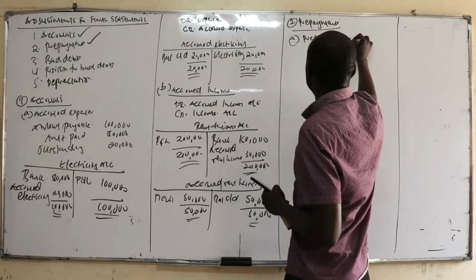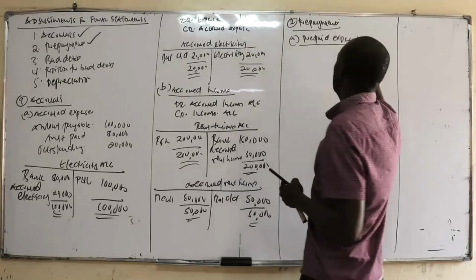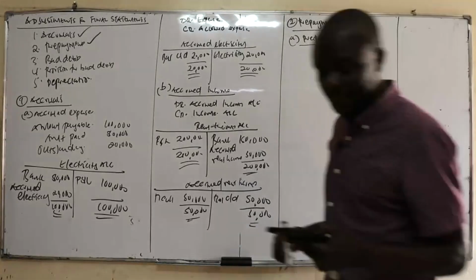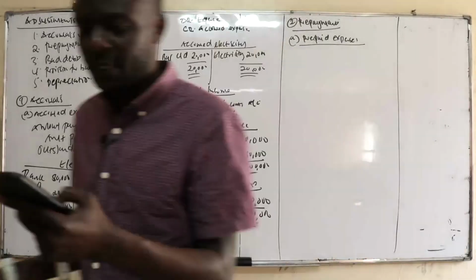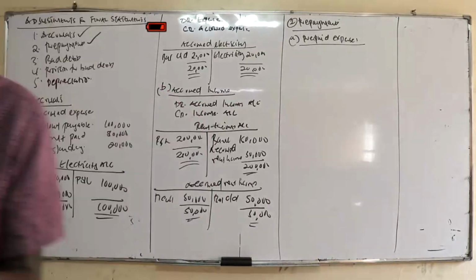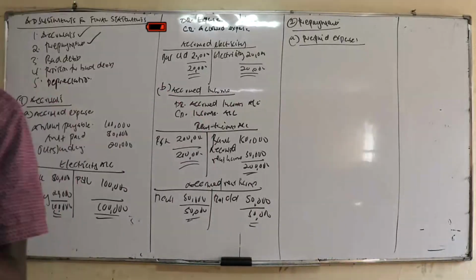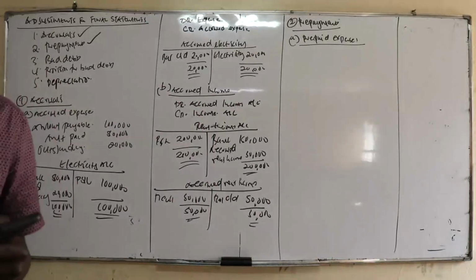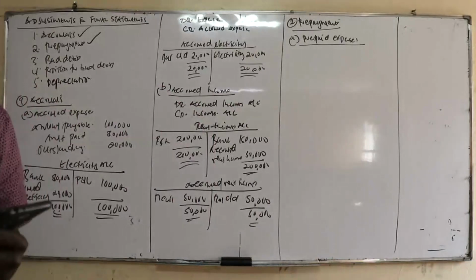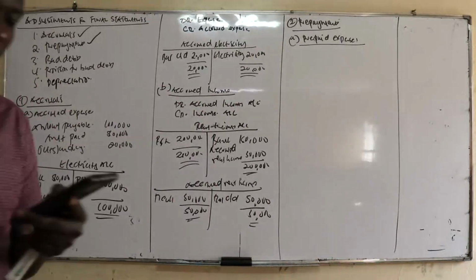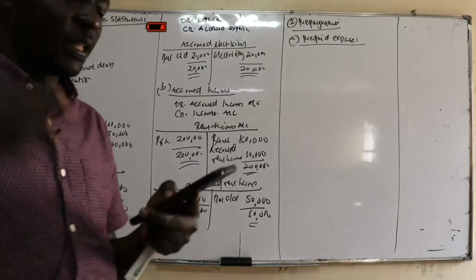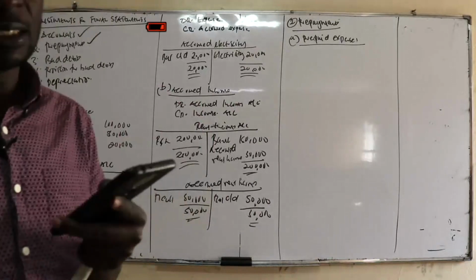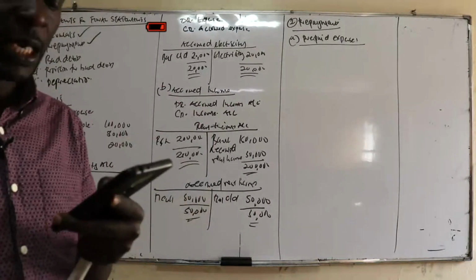A prepaid expense is an expense not yet payable, but cash has already been paid. In other words, not yet incurred, but you paid in advance. You have paid it, but you have not yet incurred it. You just paid in advance.